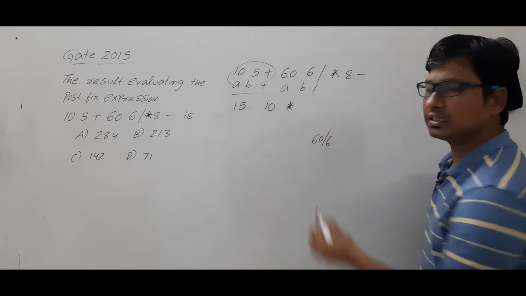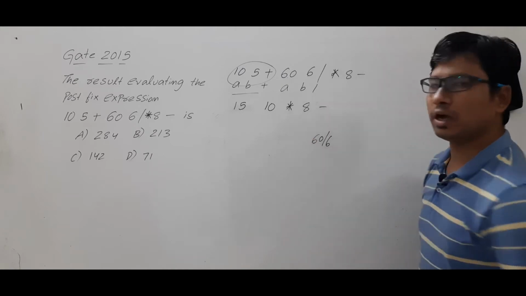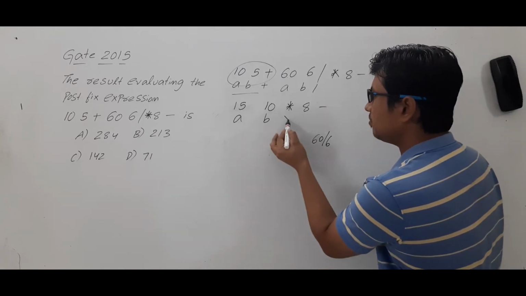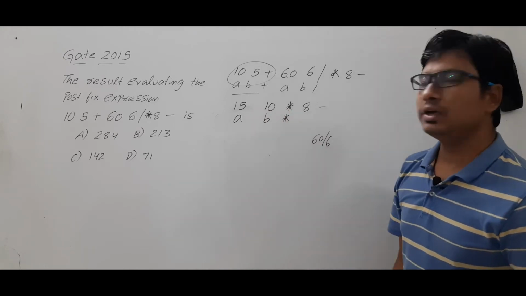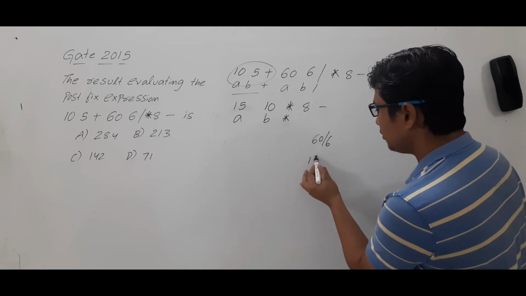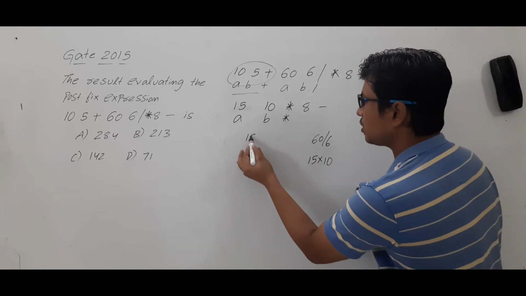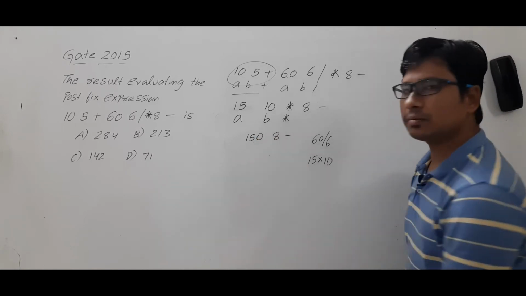and subtraction. Now again this is in the form of a, b multiplication. So again this is a postfix expression, so you can simplify it as 15 into 10, which is equal to 150. So you got 150 and then 8, then subtraction.